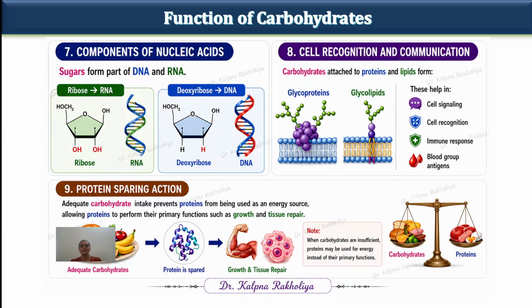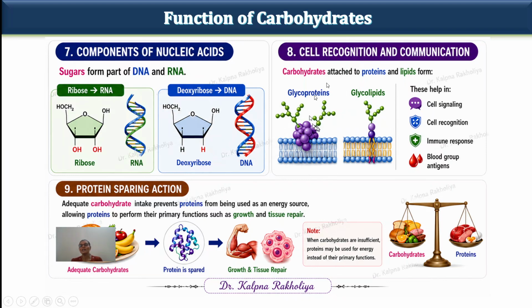It is also a component of nucleic acids. Sugar forms part of DNA, where deoxyribose sugar is present. Here you can see the structure. In the case of RNA, ribose sugar is present. It is also involved in cell recognition and communication. Carbohydrates bind with proteins and lipids to form glycoproteins and glycolipids, which are present on the cell membrane.